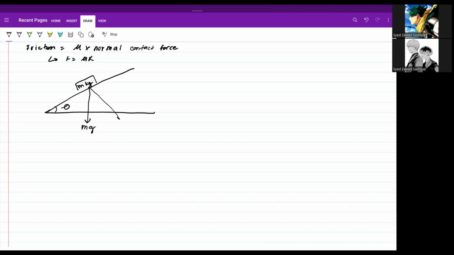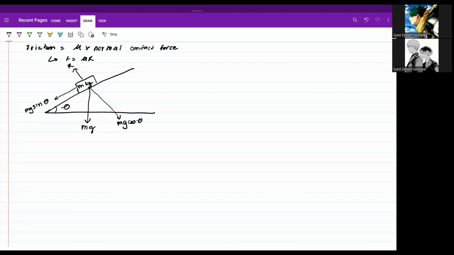This is going to be mg cos theta, and this would be R. Since the slope is slanted towards the left, if no external force acts on this mass, the resultant force would be mg sine theta. This is considering that this slope is smooth.